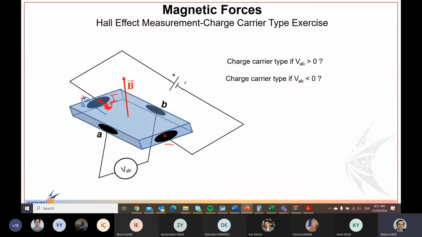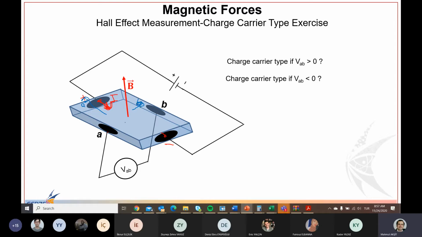That would be the flow direction of the electrons. So you point your index finger along the electron flow direction. Magnetic field is upwards. And your thumb, which is showing in this direction, would be showing the direction of the force if it was a positive charge particle.